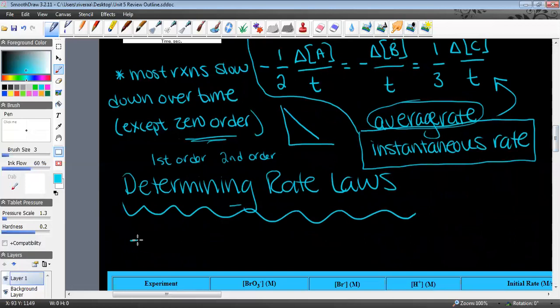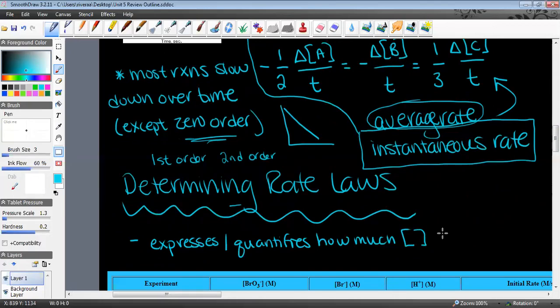So the rate law expresses or quantifies how much concentration affects rate. And they always take the form of rate is equal to k.